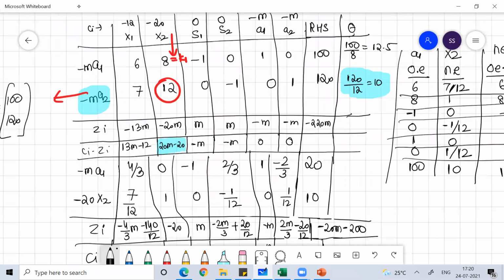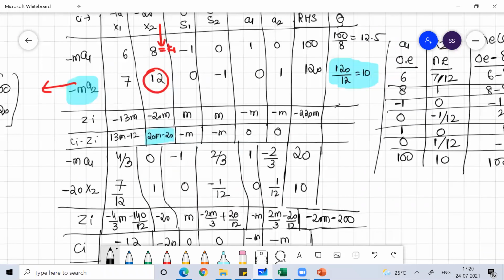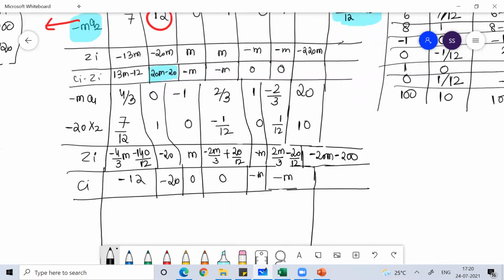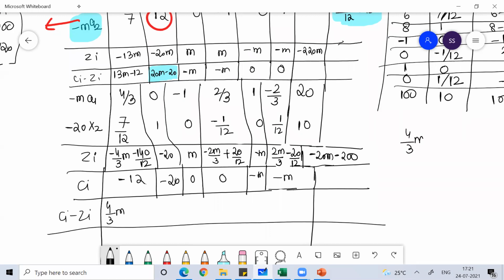Now the Ci values and Zi values are there. So now Ci, Zi, then you can write Ci minus Zi. If I write minus Zi, then this minus will become plus 4 by 3m, plus 4 by 3m. Here this will be minus plus 140 by 12 minus 12.